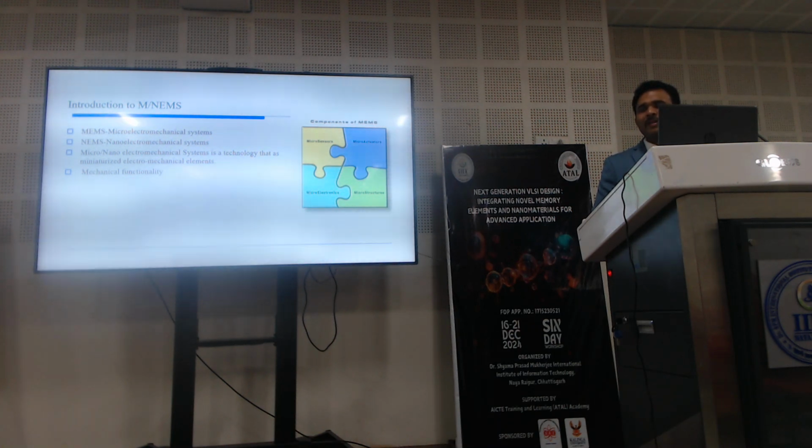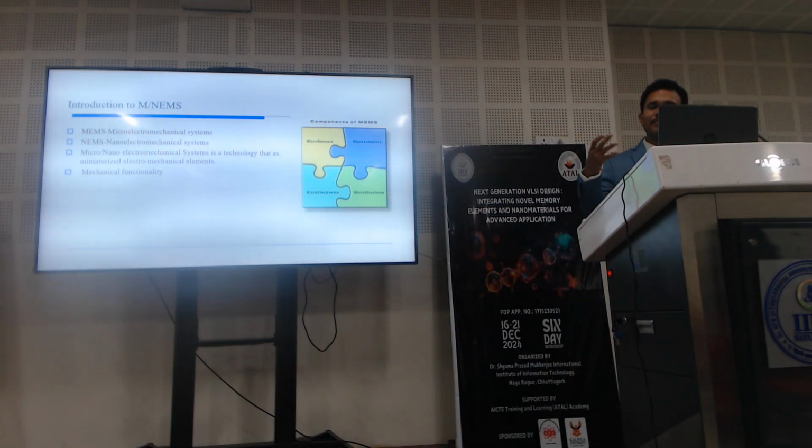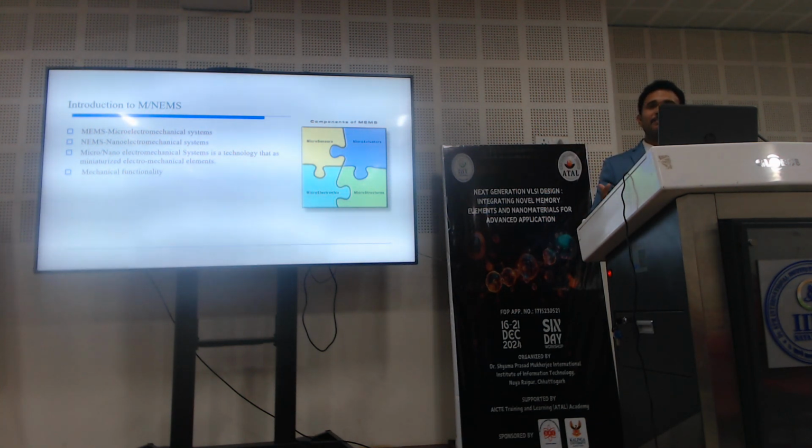For example, in a driverless car, all the functionalities happen with sensors, like inertial sensors. Many sensors are included inside, and they enable automation. Nowadays this plays a major role.